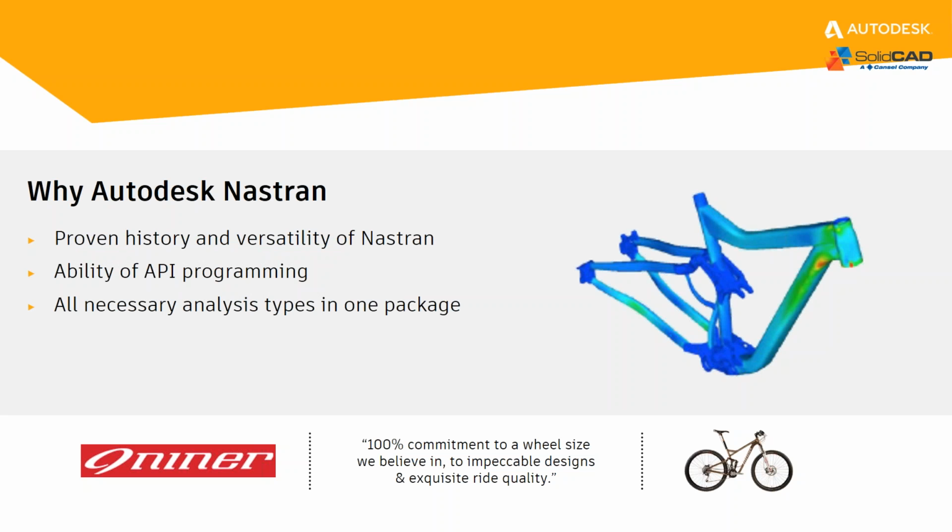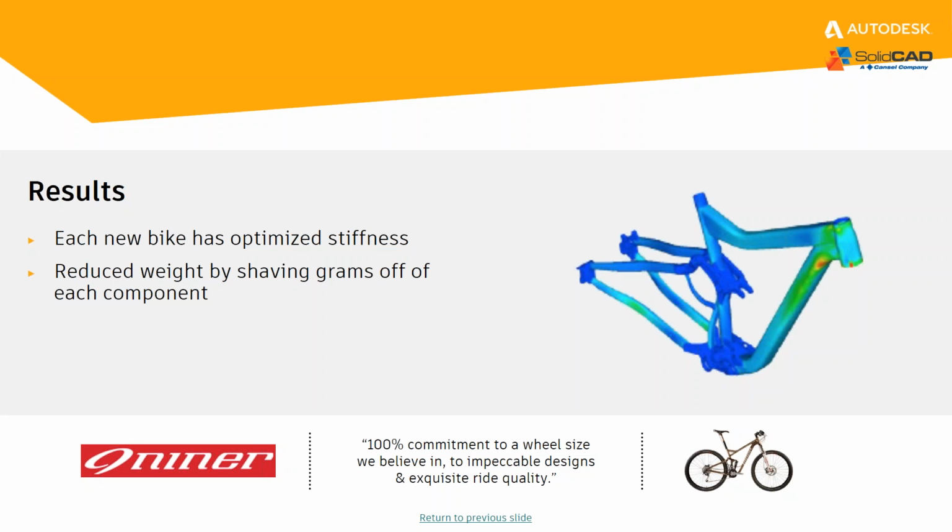Based on the proven history and versatility of Autodesk Nastran and the ability to write custom applications to take advantage of the application programming interface or API and automate some of the simulation tasks. They chose this tool to have the ability to improve the optimized stiffness of the frame and reduce the weight.